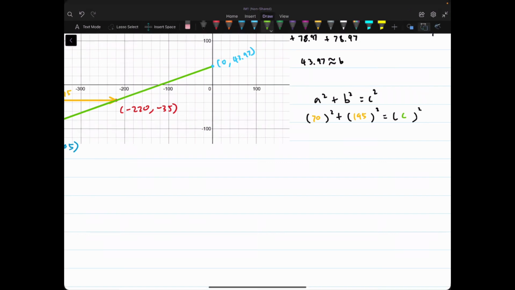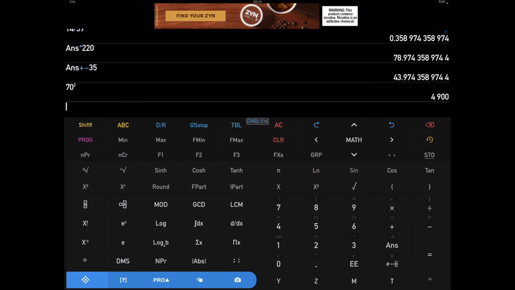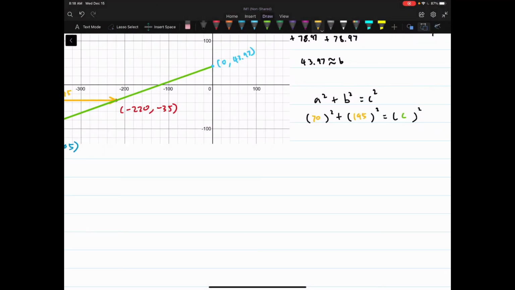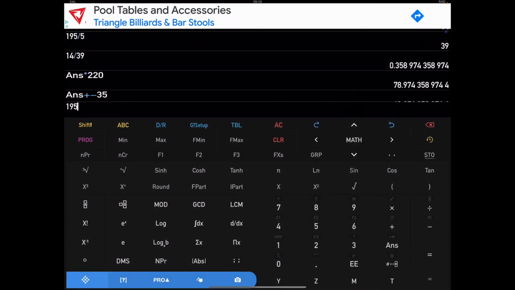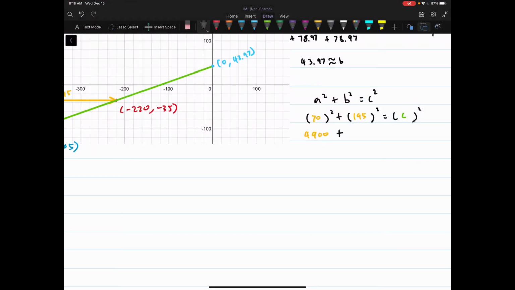So 70 squared is 4,900, plus 195 squared, 38,025, is equal to c squared.